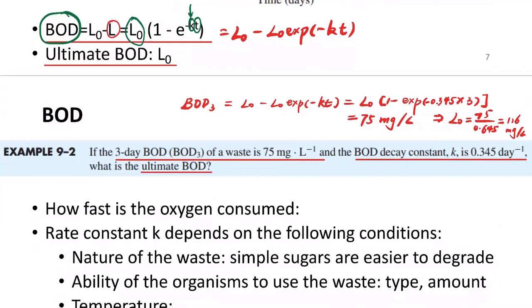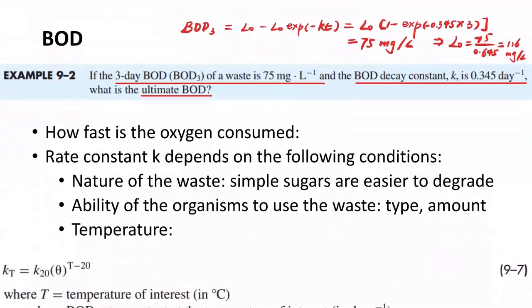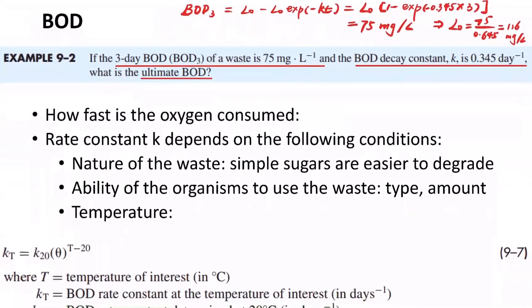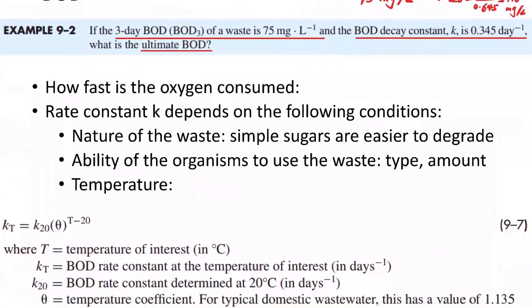So let's say if you have a polluted water, but you have a very large K, a very large BOD decay rate, basically a very large decomposing rate, right? So what that means is that all of these organic wastes are going to get consumed very fast. And then it's easier for the water to resume back into the clean state, right?